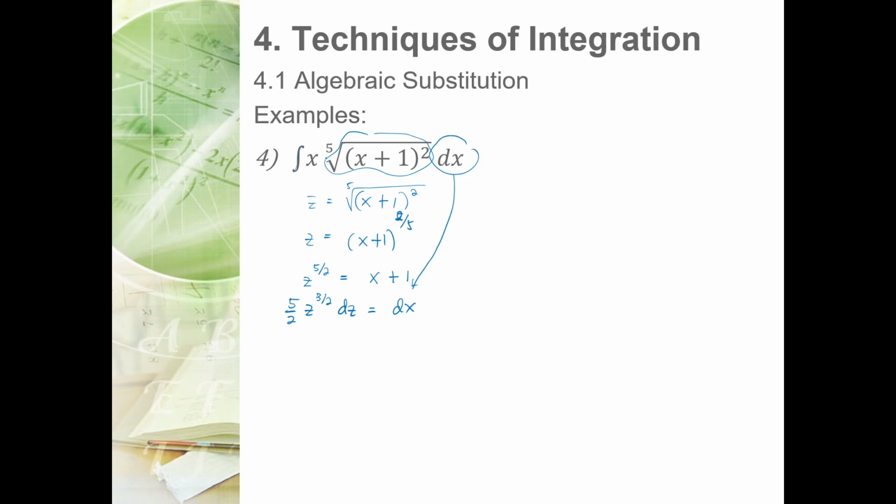How about x to the fifth? We have z to the power of 5 halves minus 1 is equal to x. Then to the power of 5, so this is (z to the 5 halves minus 1) to the power of 5.